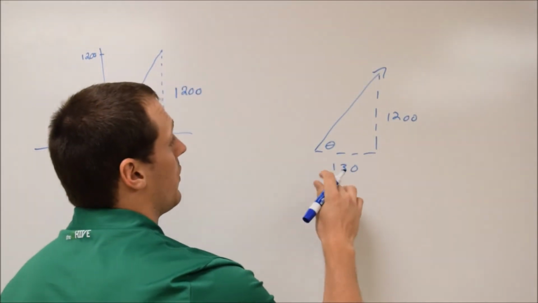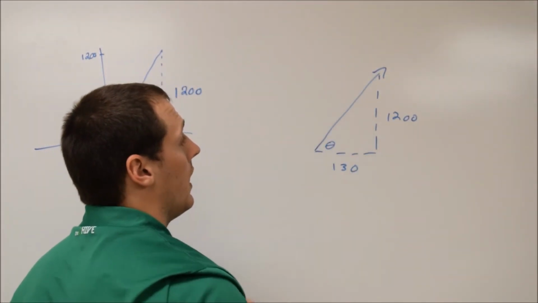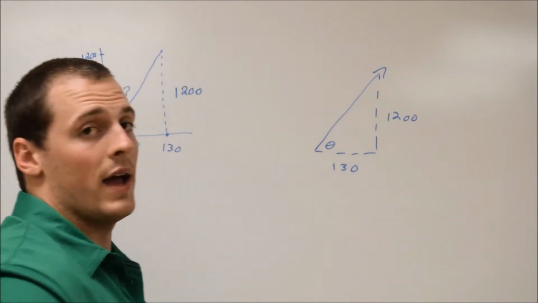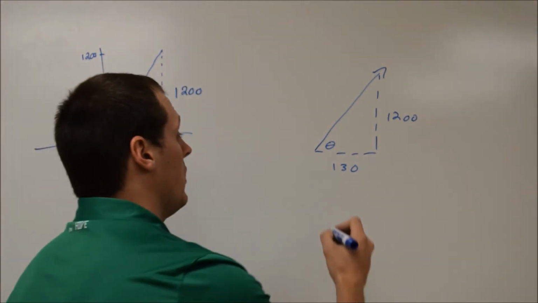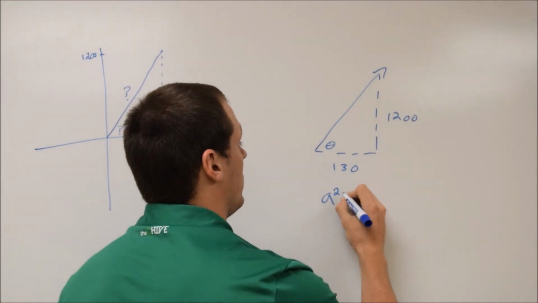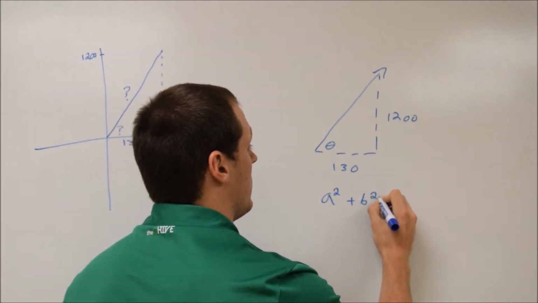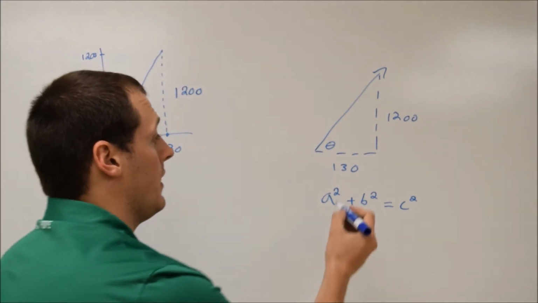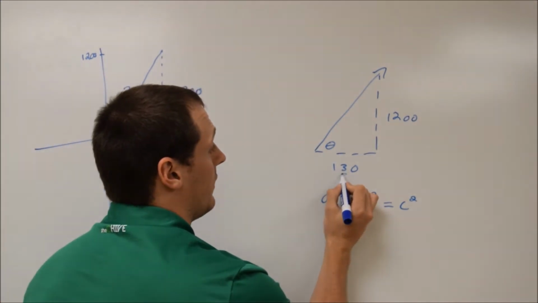So let's say we want to go ahead and solve for the hypotenuse first. So the way that we're going to do that is use the Pythagorean theorem, which is a squared plus b squared is equal to c squared. And what that is, you have three sides to the triangle.